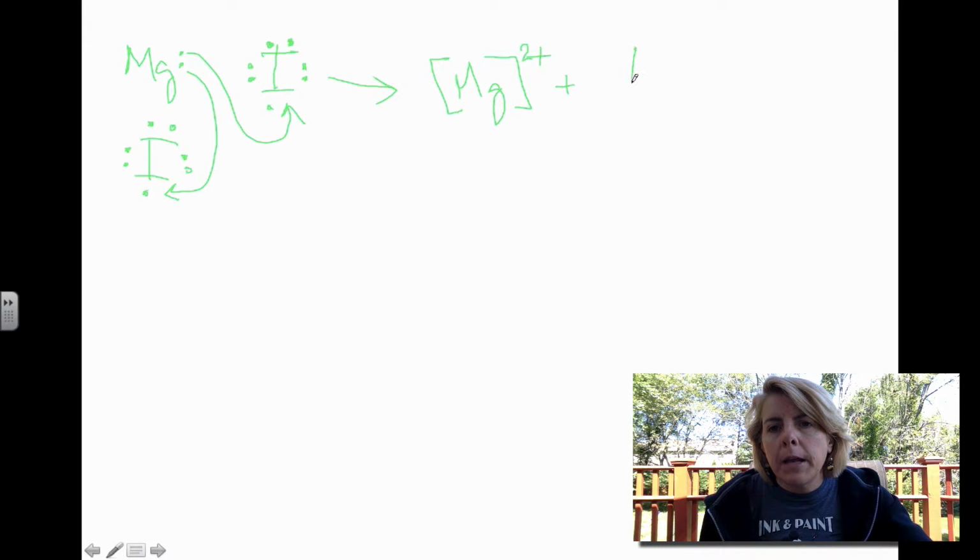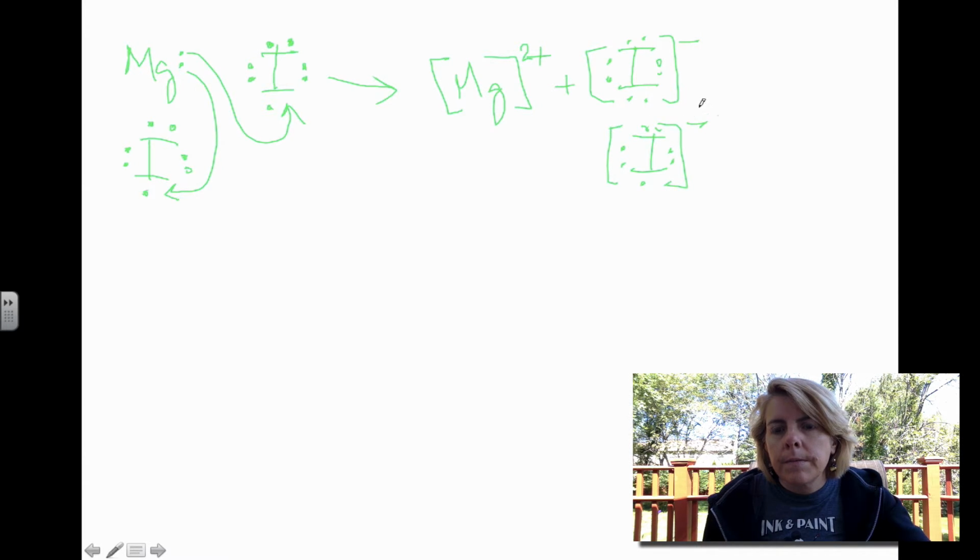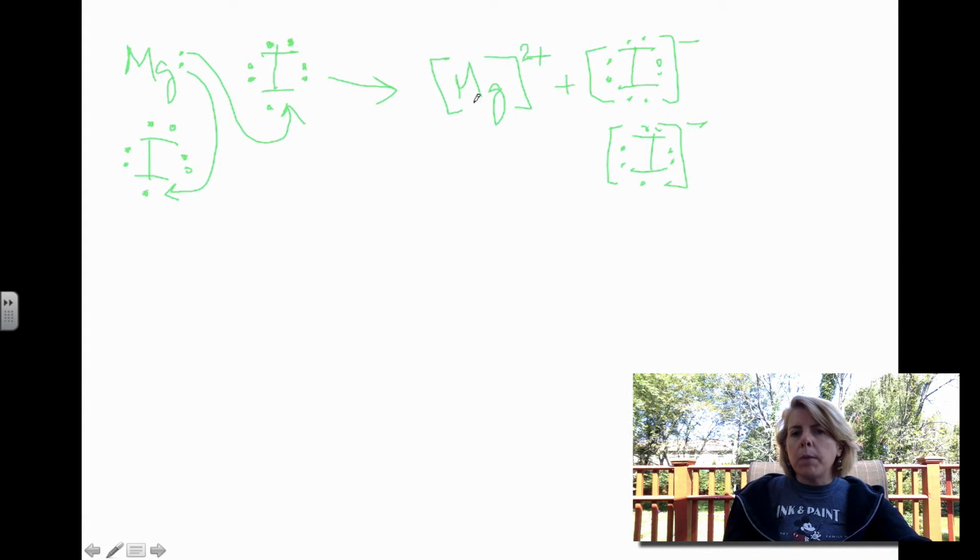And then I'm going to have 1 iodine, which essentially has all 8 electrons. And then its overall charge is going to be negative. But I'm not done. I have a second iodine that I'm going to draw. Okay, so here I have 1 magnesium ion and 2 iodide ions.